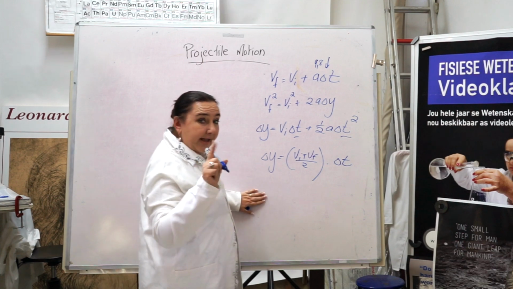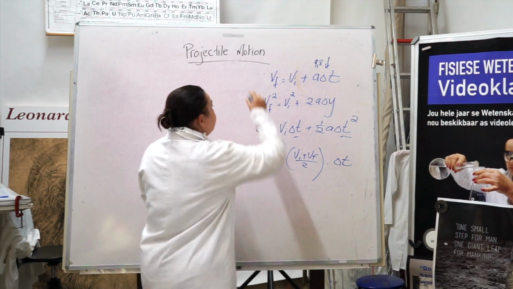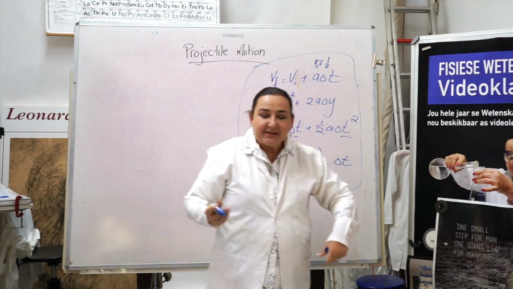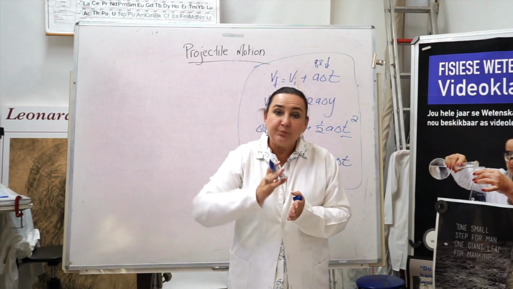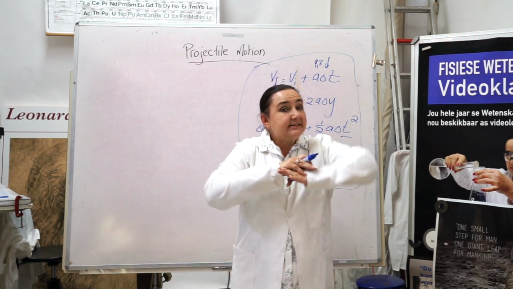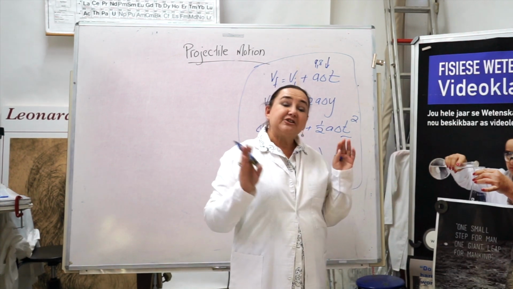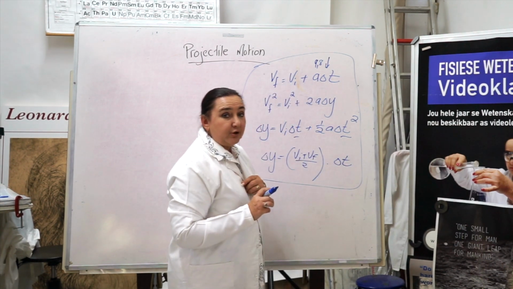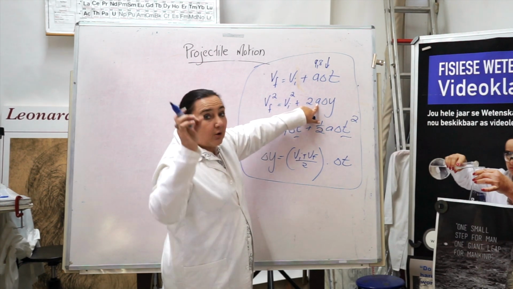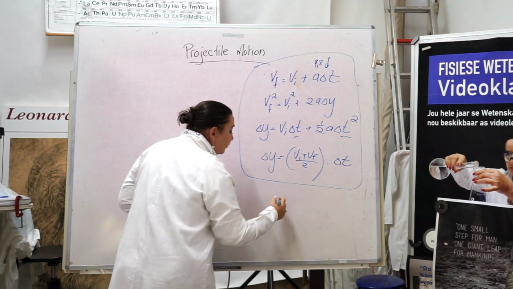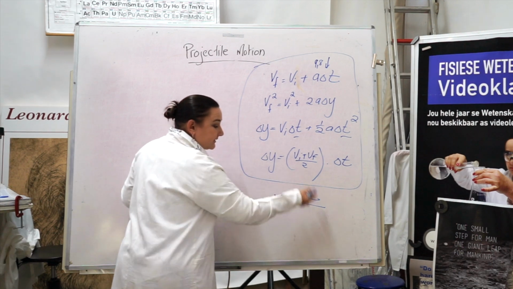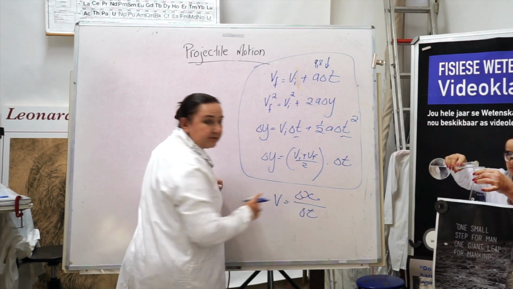And then we've got the final one that looks like this. But I want to add an extra one. And that is something that you have done also already in grade 10. That when an object moves with a constant velocity, that means there's no acceleration, that you're going to be working with a value where you have an acceleration at 0, or we could just as well use this formula that says my speed equals my displacement divided by time.